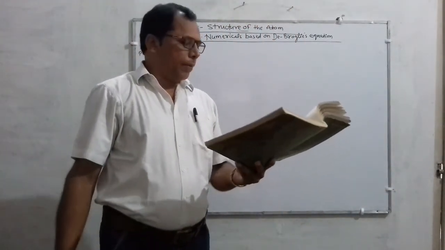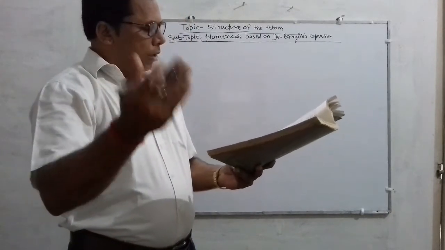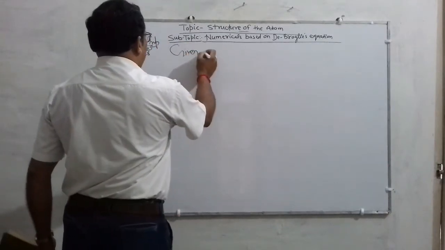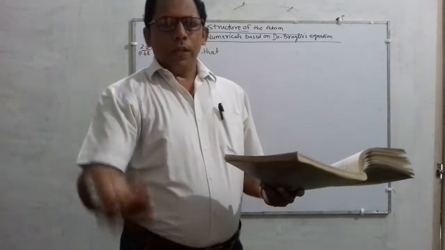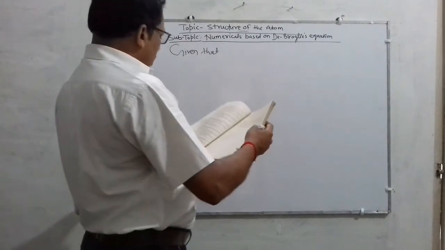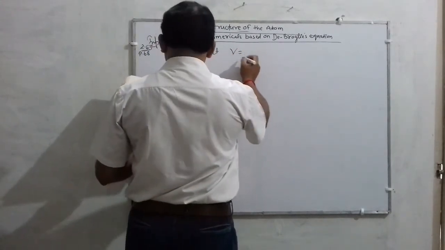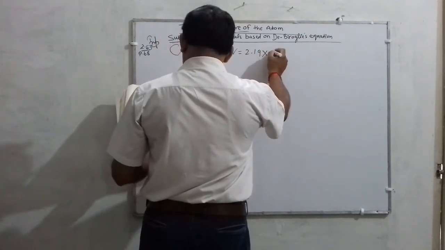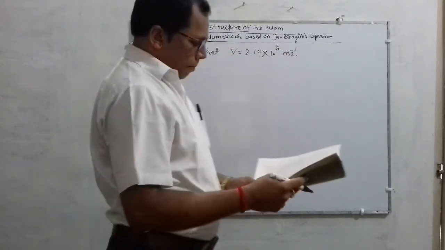Means the velocity of the electron in Bohr's orbit is given. So note down sincerely the points which are given, then go on to what the question is going to ask. So given that V, the velocity of the moving electron, is 2.19 into 10 to the power 6 meter per second.